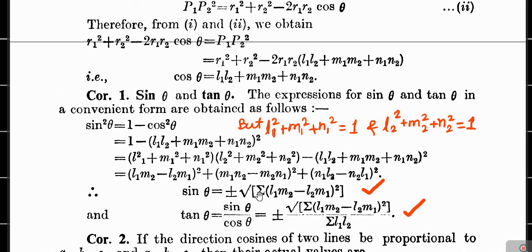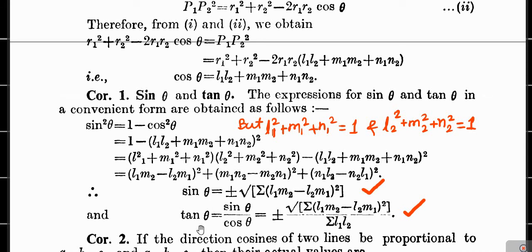This summation means it is equal to plus or minus square root of (L1 M2 minus L2 M1) square plus (M1 N2 minus M2 N1) square plus (N1 L2 minus N2 L1) square. This is the formula for finding the sine ratio of the angle between two lines.